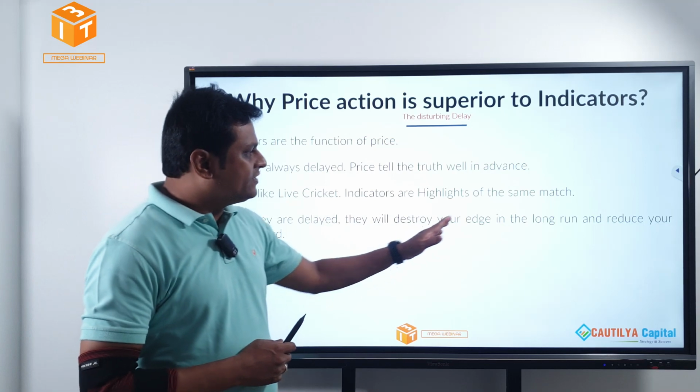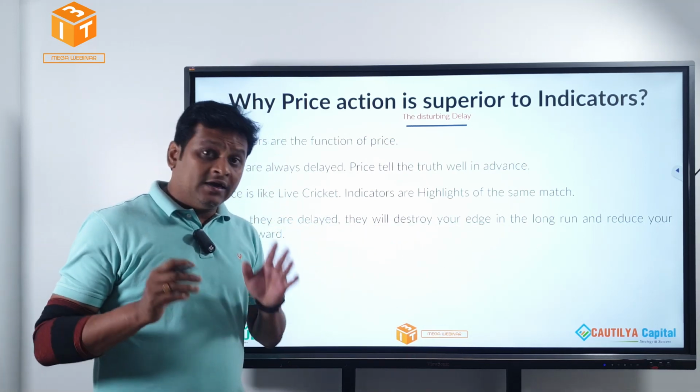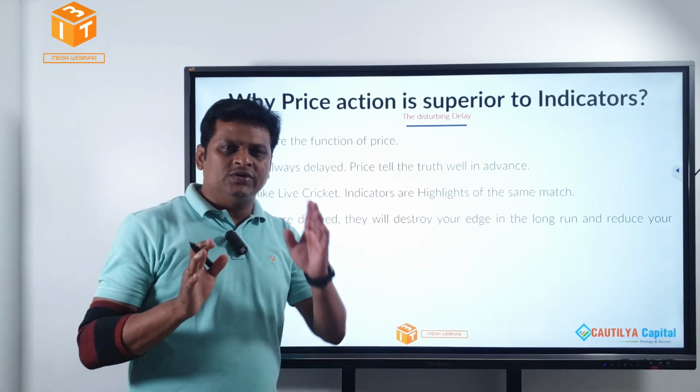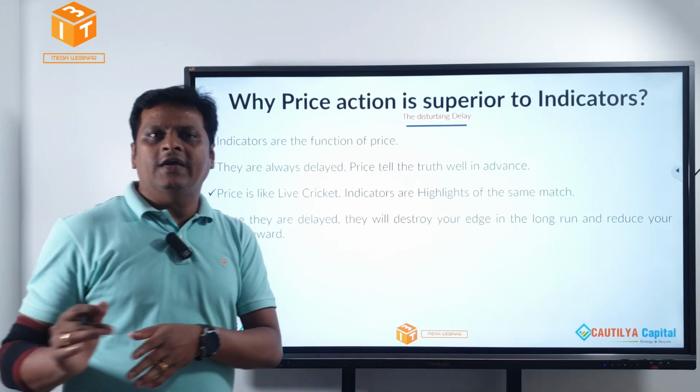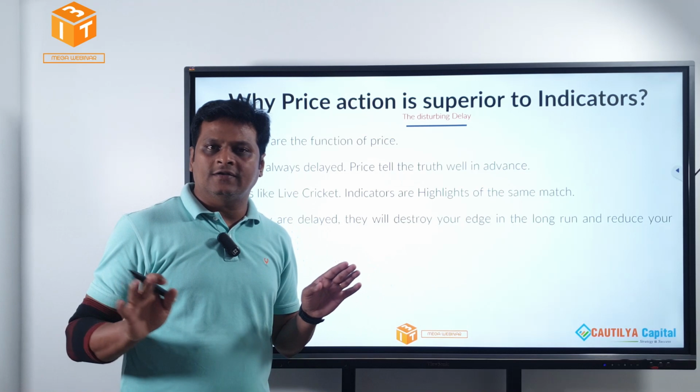Since they are delayed, they will destroy your edge in the long run and reduce your risk to reward scenarios. And let me tell you, if there is any smart, talented trader who made some money using some moving average and some indicator, the credit always goes to that trader and not to that indicator.